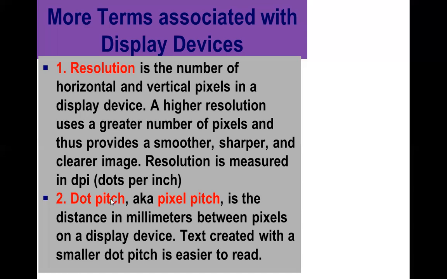Now, dot pitch is another term that is being used in display devices. Dot pitch is also known as the pixel pitch. This is the distance in millimeters between pixels on a display device.